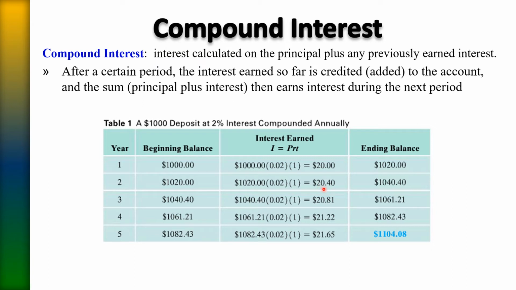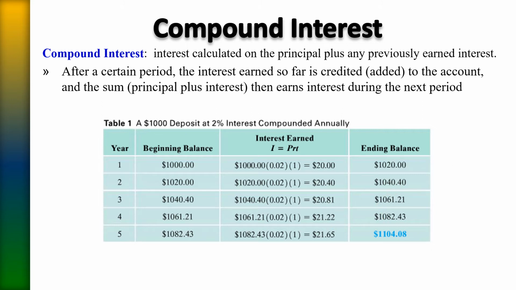That gives you $20.40. And so now your new balance is going to be $1,040.40 because 1,020 plus the new earned interest gave you the $1,040.40. And it just continues on and builds itself.